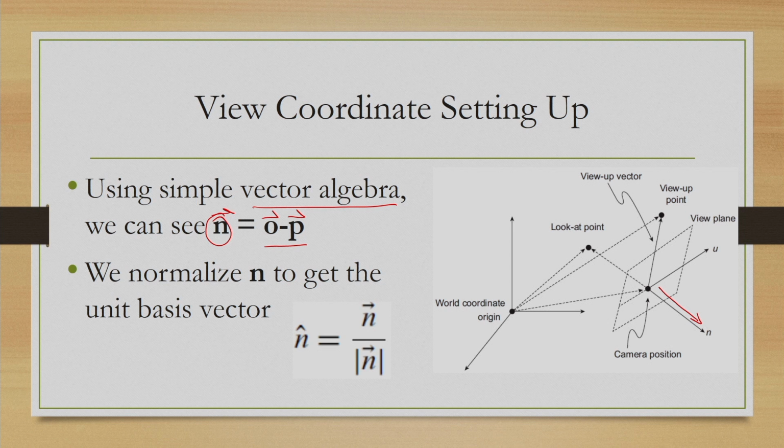That is the simple vector algebra we can use. And then we normalize n to get the unit basis vector n cap, which can be defined simply as n by mod of n. So, then we got one basis vector n.